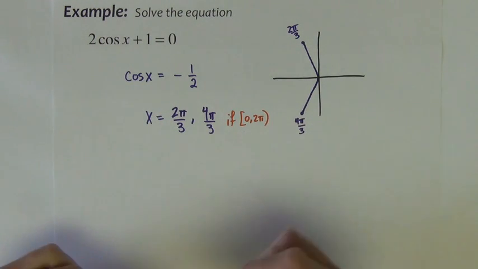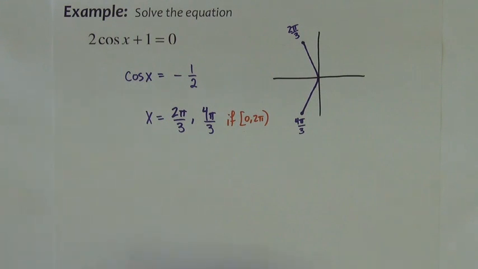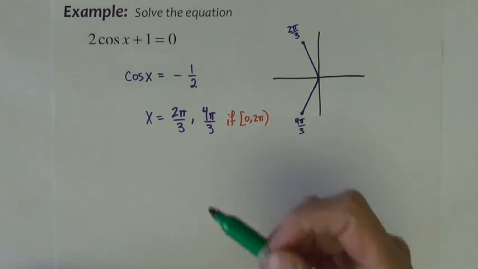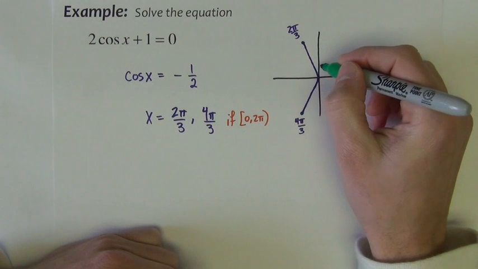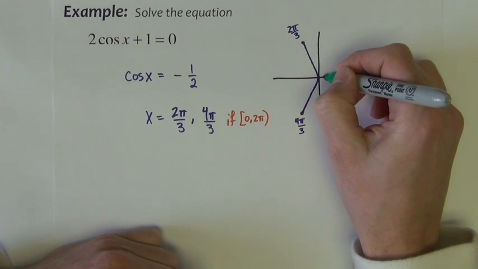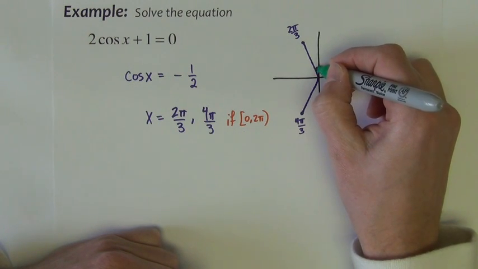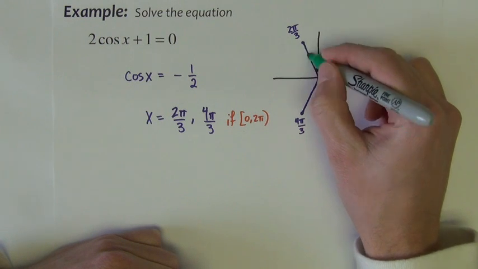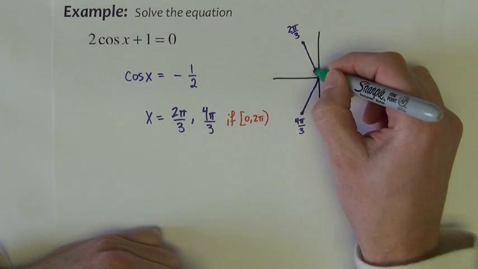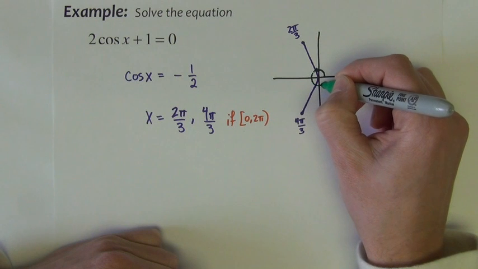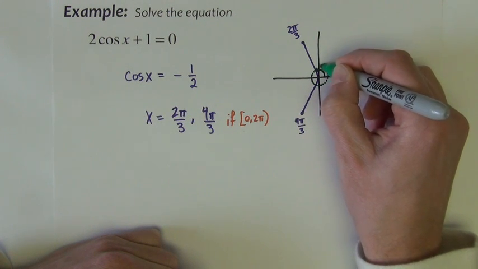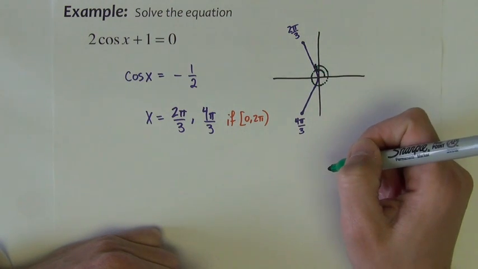Okay, but we don't want to go just 0 to 2 pi. We want to consider other values that would also have a cosine of negative 1/2. So here's how I do that. There's the first angle up to 2 pi over 3. I could continue around the circle and stop right there.